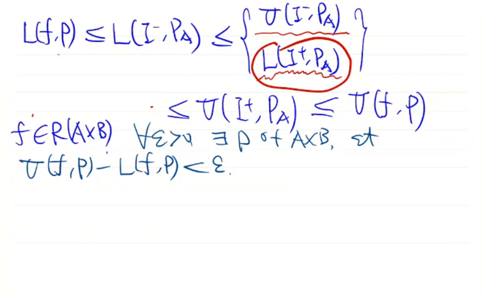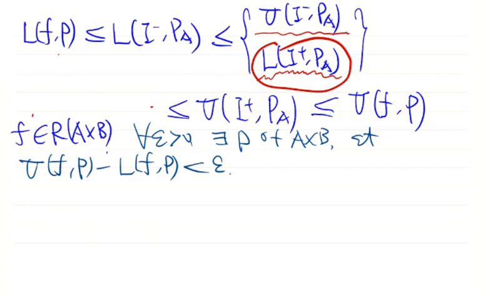Then for the corresponding partition PA, we mentioned given a partition of P, you will obtain the partition of A and B. Given a partition of A cross B, you will obtain automatically a partition of A and a partition of B. And the converse is also true. Suppose you partition A and B, then you will obtain the partition of A cross B automatically.